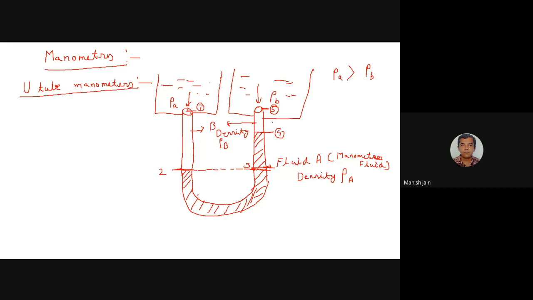Now suppose the level between the two different points.